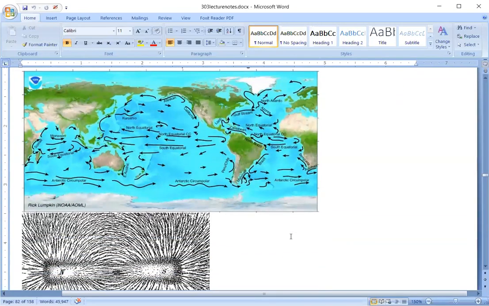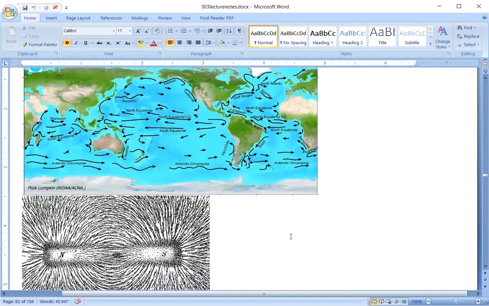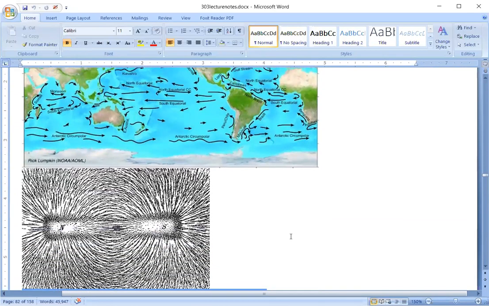So the first one is actually from the NOAA, and you can see it's a depiction of water patterns on Earth. And the second one, I hope, so I did this in science class when I was in high school. I hope y'all did it the same. It's great.